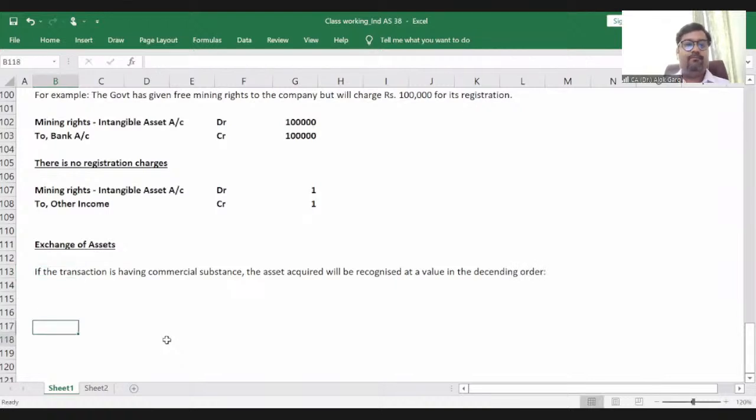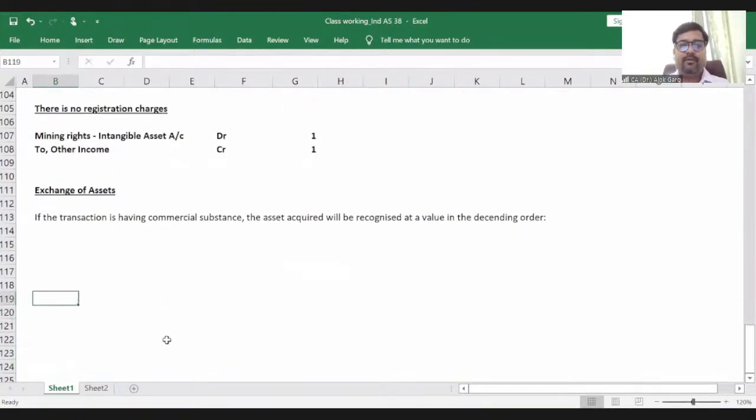The first one is fair value of asset given up. If the fair value of the asset given up is there, apply this value.